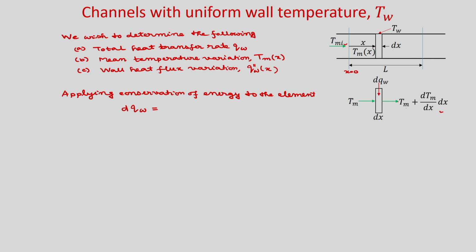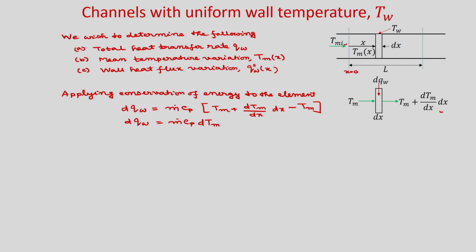The heat absorbed is just m dot Cp into delta T, where delta T is T m plus dT m by dx into dx minus T m. This is the temperature difference. So, dQ W is equal to m dot Cp, where m dot is the mass flow rate and Cp is the specific heat, into just dT m.